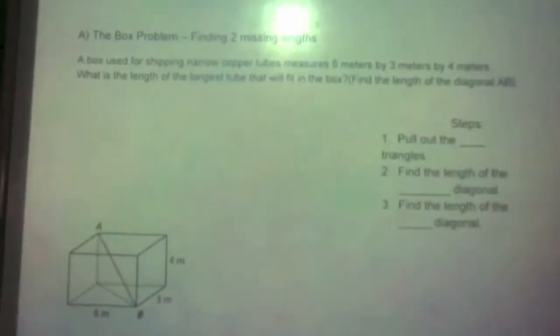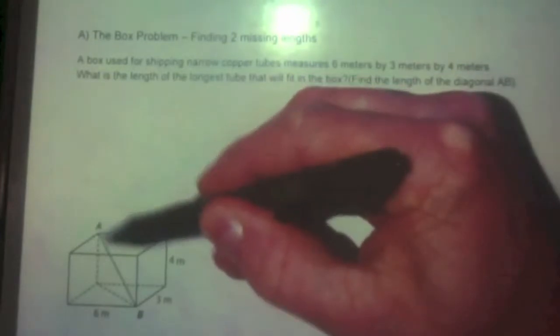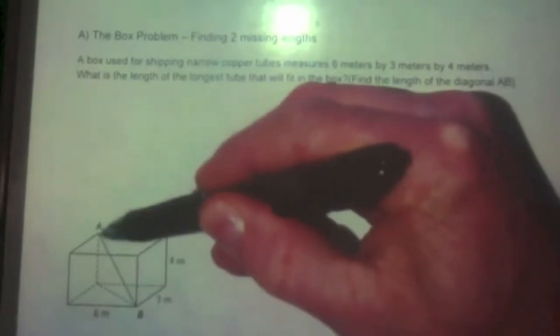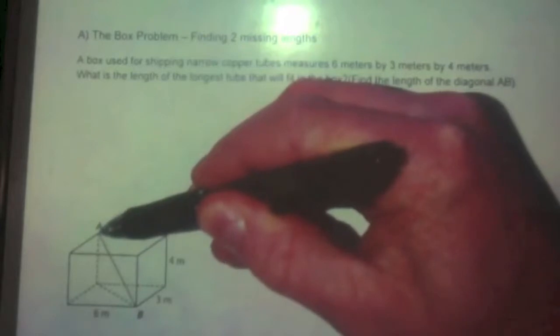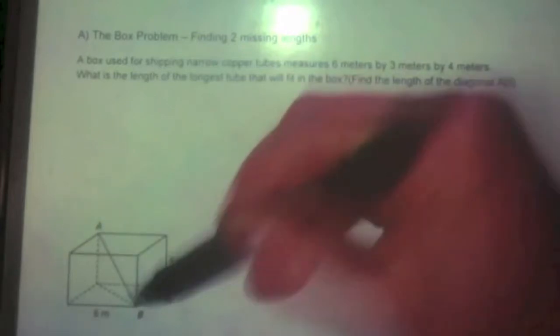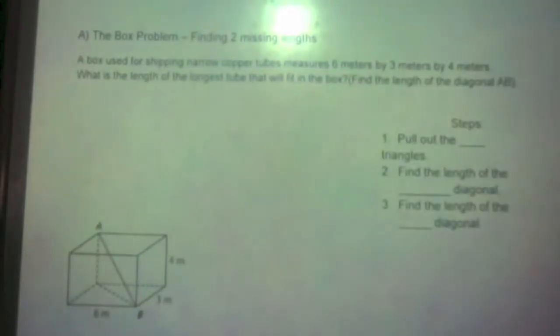This tube is represented by diagonal AB, and just like in the toothpick box, it goes diagonally from corner to corner, and it also has one end on the top and one end on the bottom. So that is our largest size object that we would be able to fit inside the box.